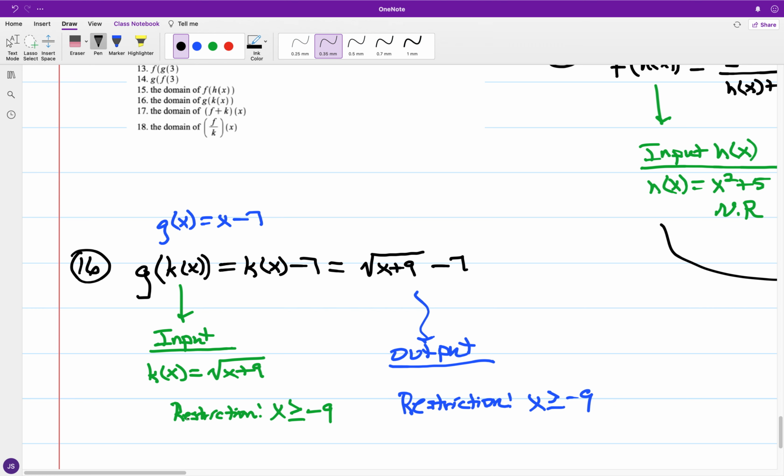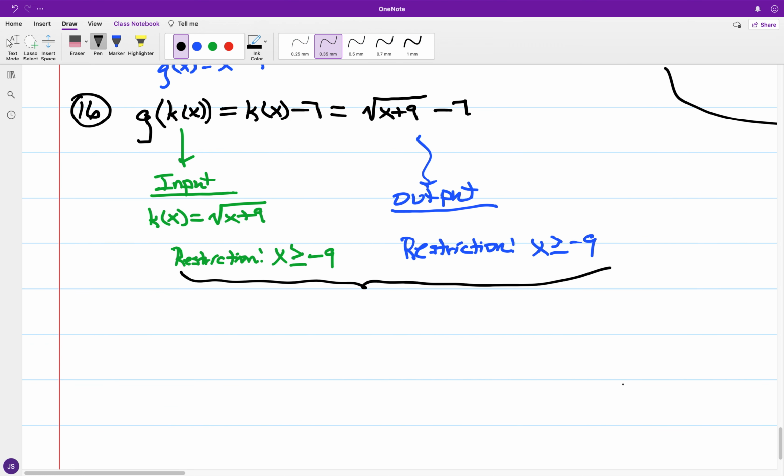So for this composition, the only restriction we're going to have is that x is greater than or equal to negative 9.